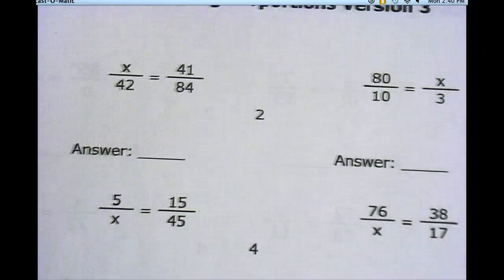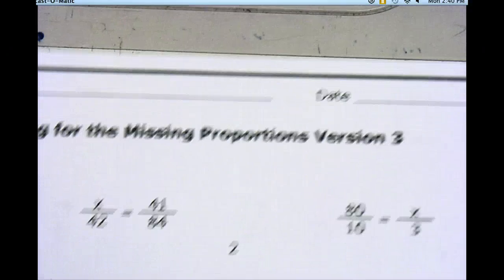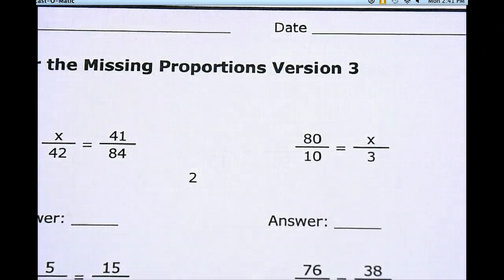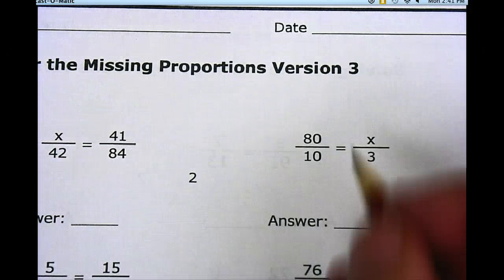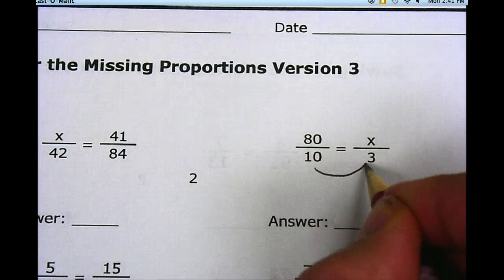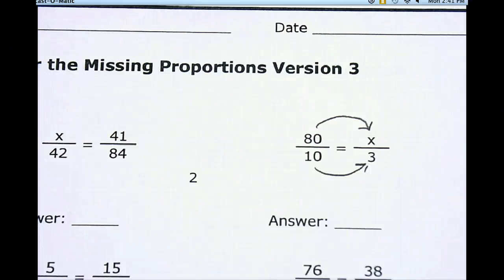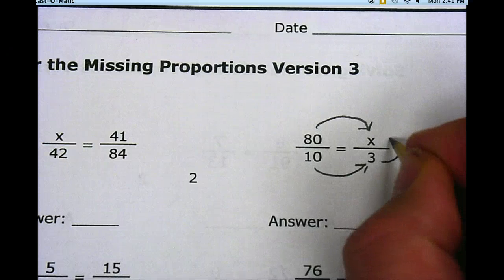Okay, let's look at the very top one up here, number 2. If I look at 2, I have two relationships. There's my y. I could look at side by side, and I could look for the relationship between 10 and 3. And I can't divide 10 by some number to make 3 exactly, so side by side might not work in this case. But there is a relationship up and down.